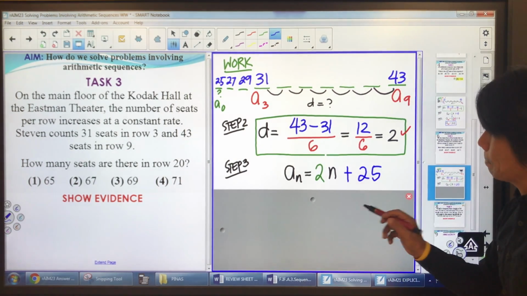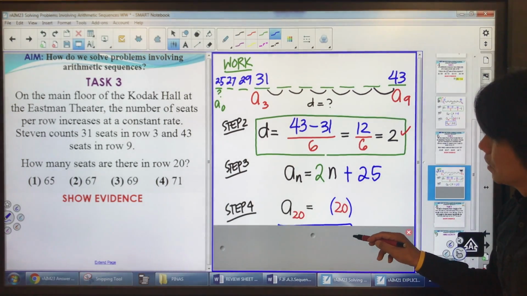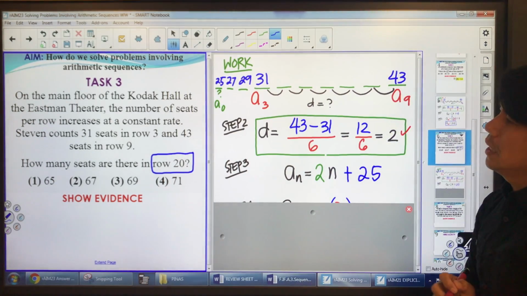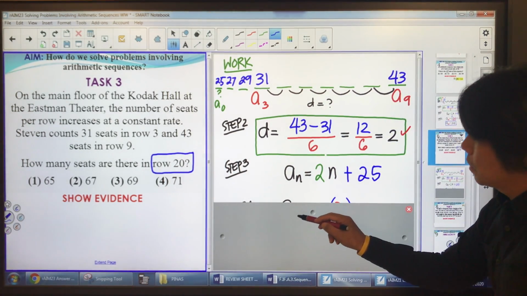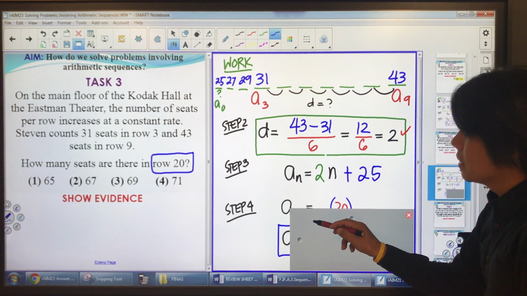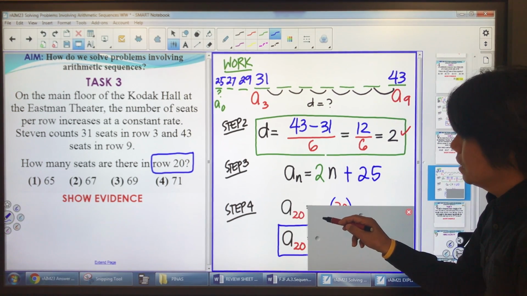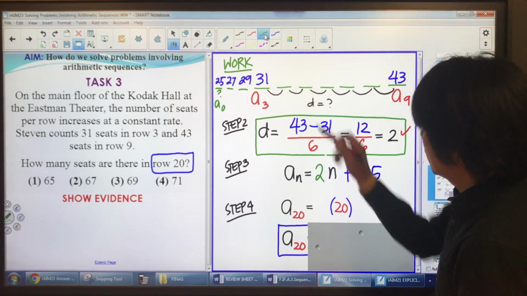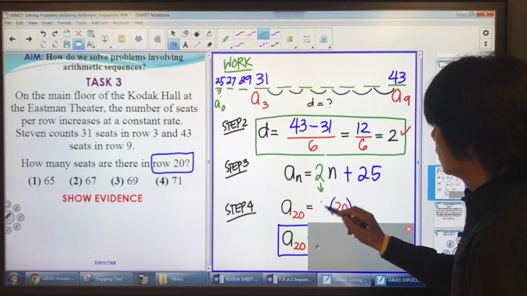Are you with me? Now, they want to know the number of seats in row 20. So our subscript, your n, is now 20, right? And we already know that 2 is the common difference. We'll bring that down.